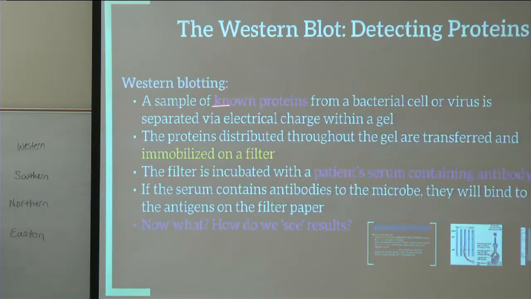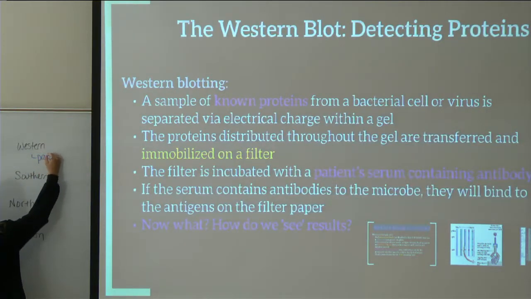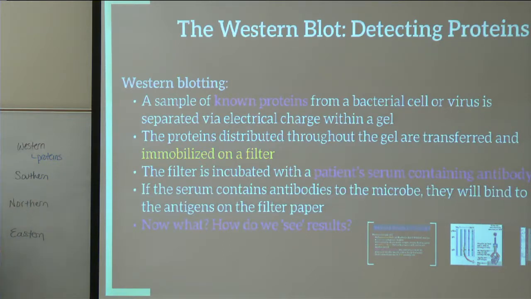So for Western blotting, this first bullet point up here, we can see there's a sample of known proteins. Western blotting is going to use proteins, so with HIV, HIV proteins. Southern blotting uses DNA.